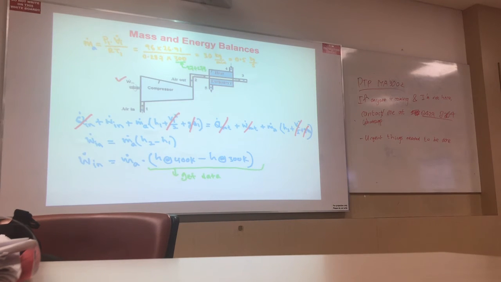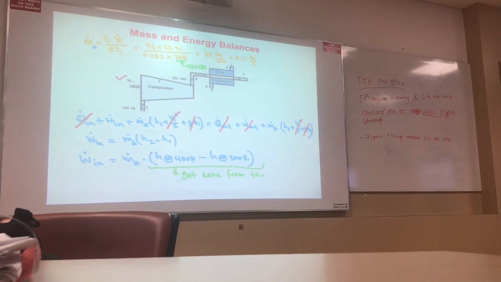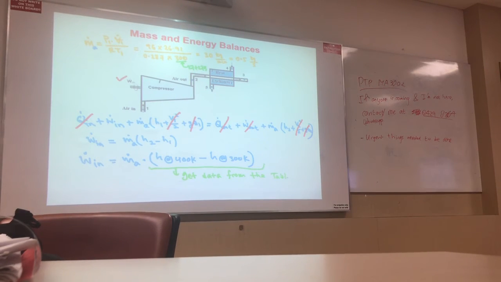Get data from the table, right? Table A17 in your book. Done. If I use degree C, the table is under Kelvin. For air as an ideal gas, you should use absolute temperature, absolute pressure, right?